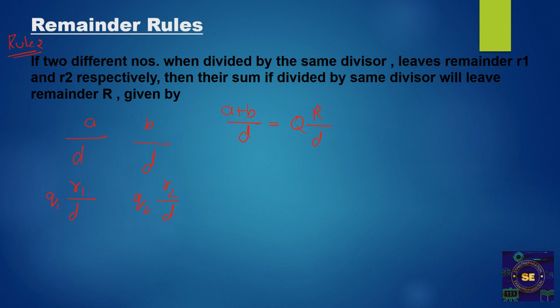There are two cases again in rule number 2. Case number 1: if R1 plus R2 is greater than D, then the remainder will be R1 plus R2 minus D. Case number 2 says if R1 plus R2 is smaller than D, then the remainder will be R1 plus R2.